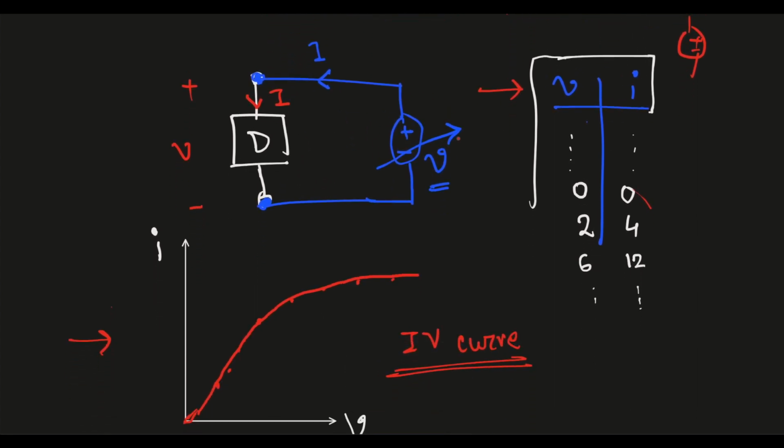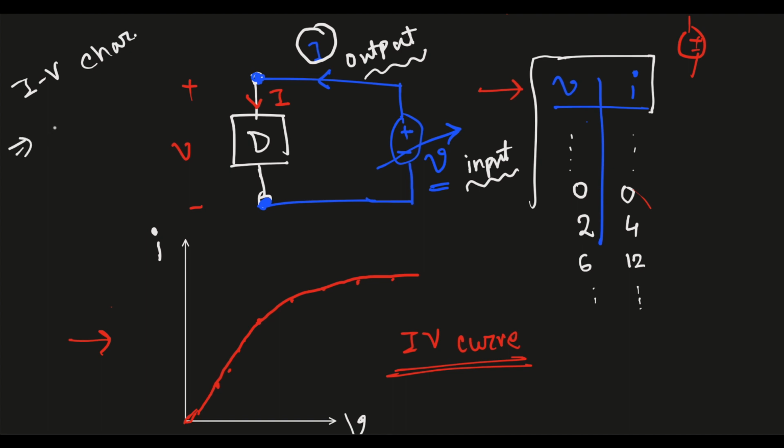Note that when we are calculating the IV relation using this method, the voltage here is working as an input. We are providing an input voltage and we are measuring the output current. So the IV relation or the IV characteristics is also known as the input output relation of a device.